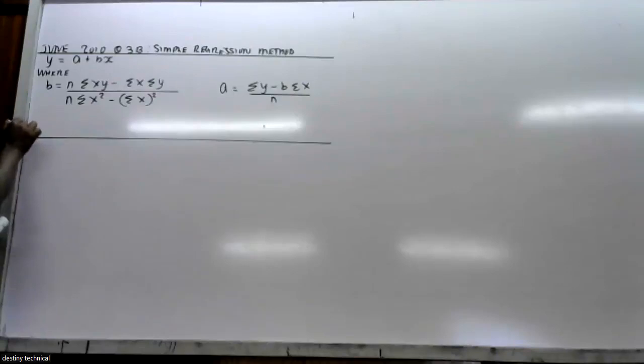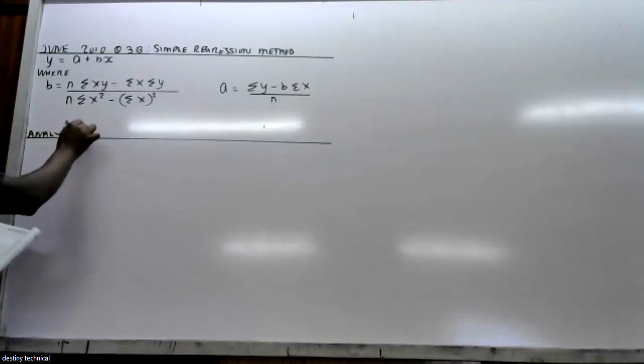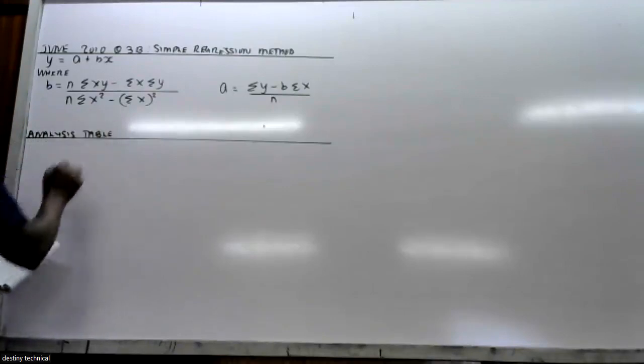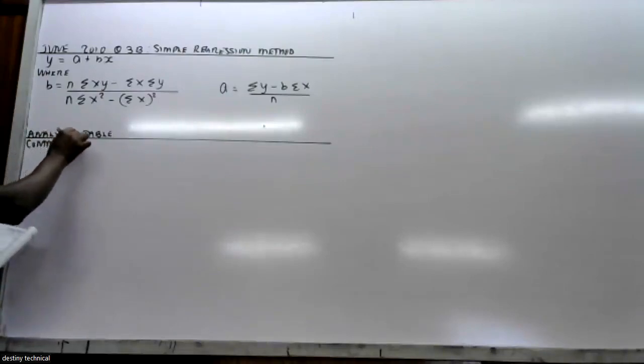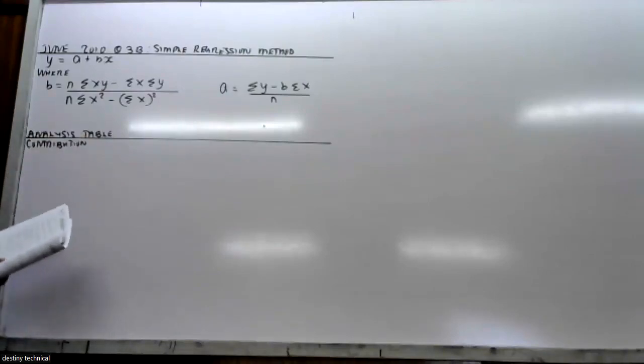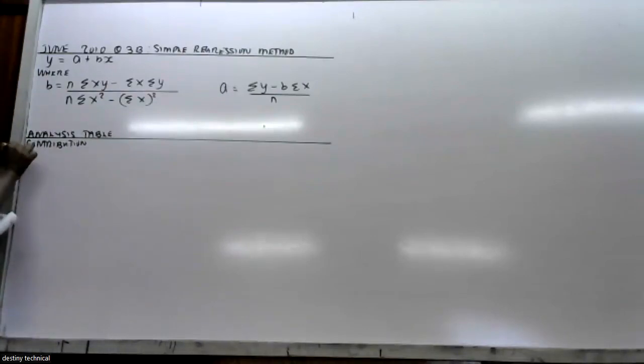So we are going to do an analysis table here so that we can compile our data for further workings. So we have contribution, that is our y. And we know from other studies that contribution is given as price minus variable cost.